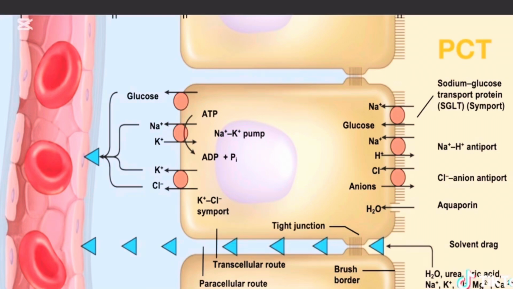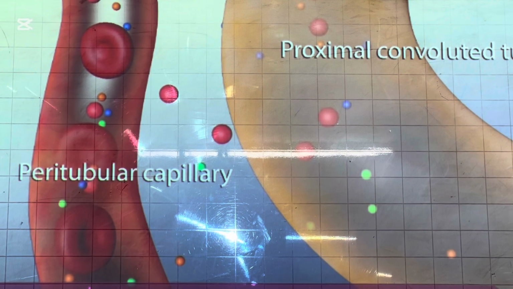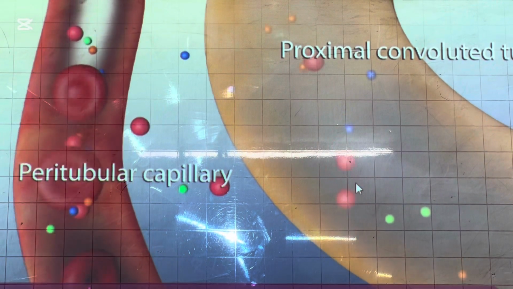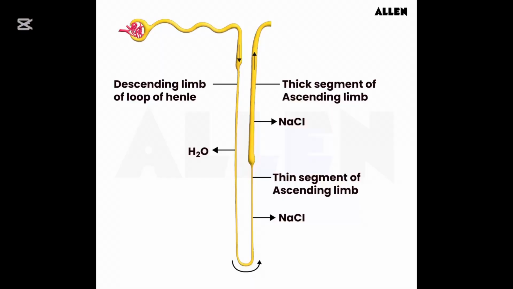These tight junctions prevent the leakage of substances between the cells, and they ensure that reabsorbed molecules are directed into the interstitial space, and subsequently they enter the peritubular capillaries for reabsorption into the bloodstream. PCT also plays a vital role in the regulation of blood pH.